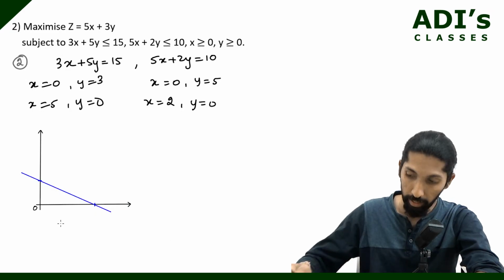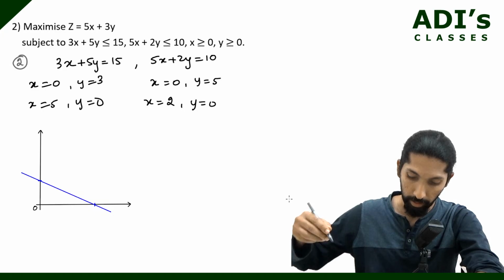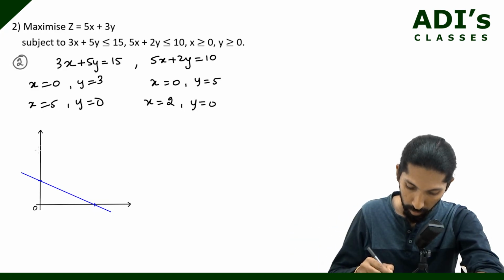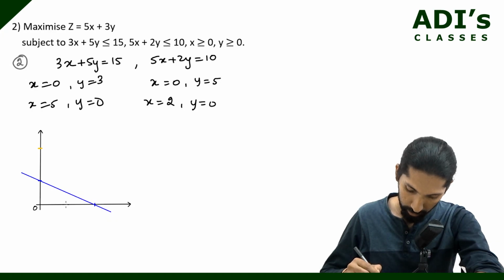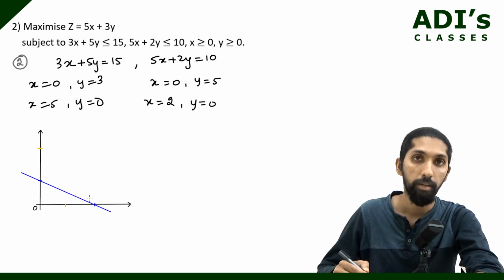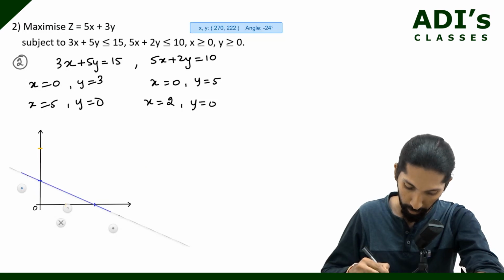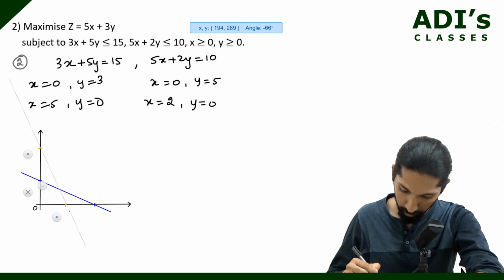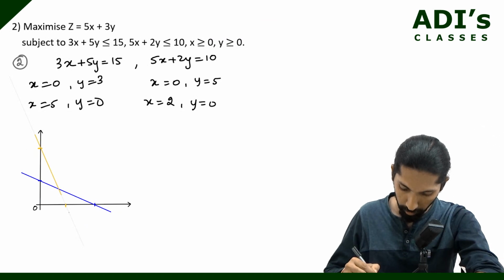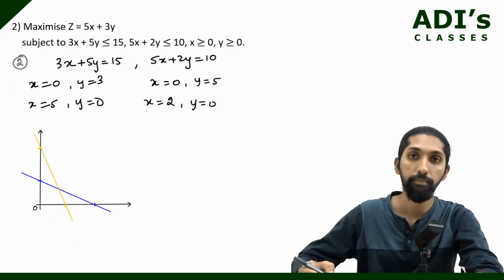Now, the second line. For the second line, when x is 0, y is 5. When y is 0, x is 2. Right? So this point goes here and this point goes here. Isn't it? So the line is going to look something like this.